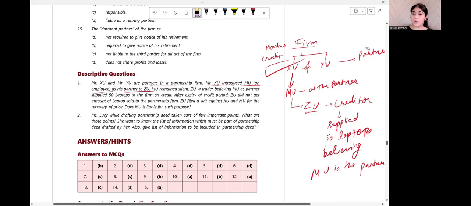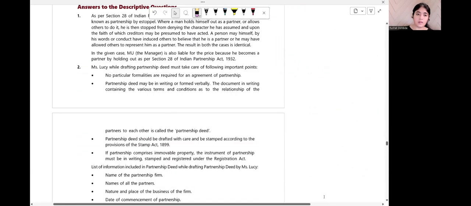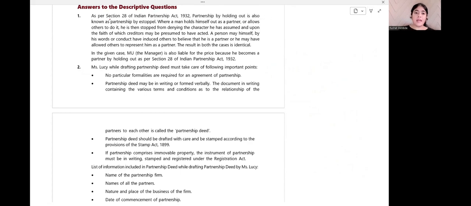Okay. Let's see how we present this question. As per section number 28 of the Indian Partnership Act, partnership by holding out.